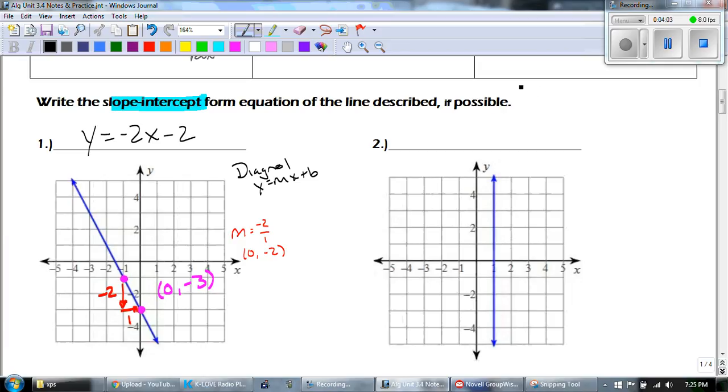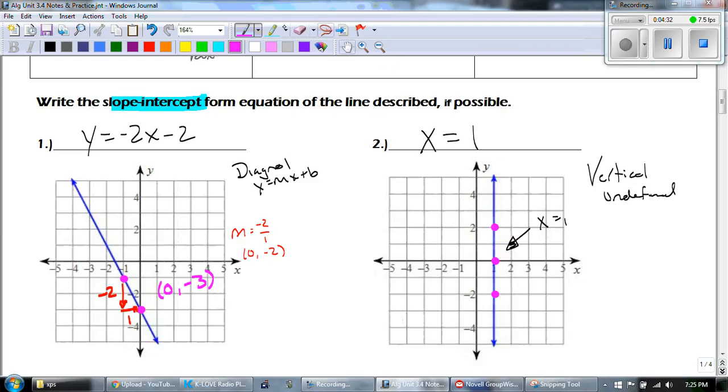What type of line do we have? We have a vertical line. My slope is undefined. So where is it undefined? x equals 1, right? That's our equation. If you don't believe me, test me.